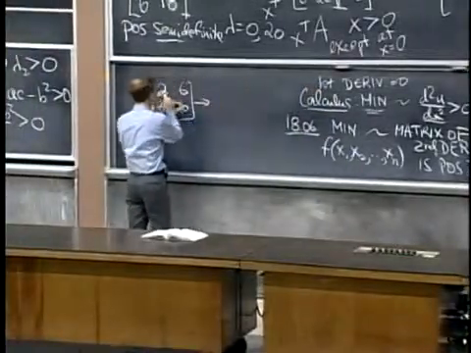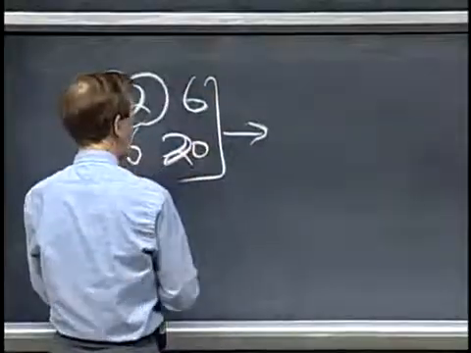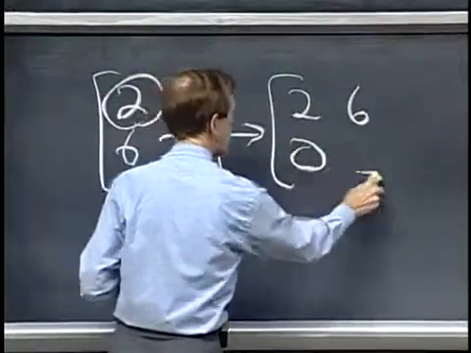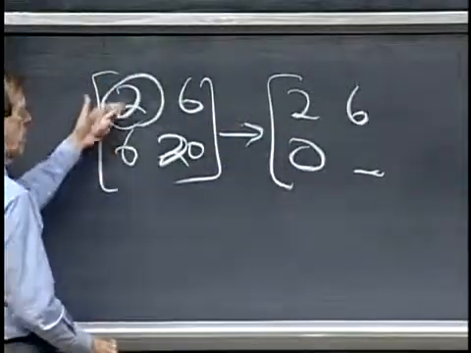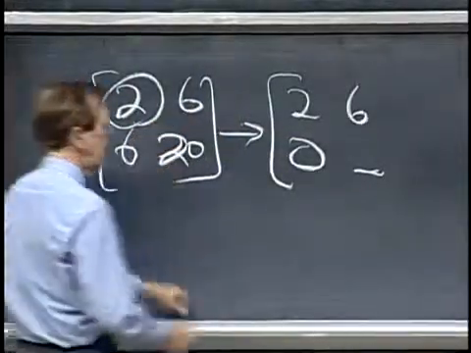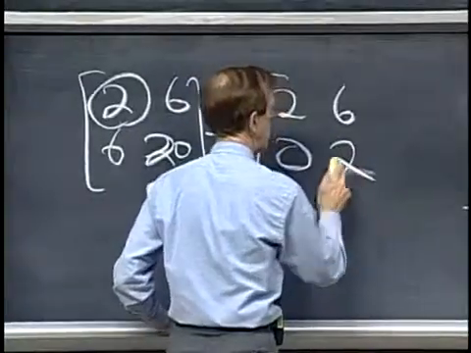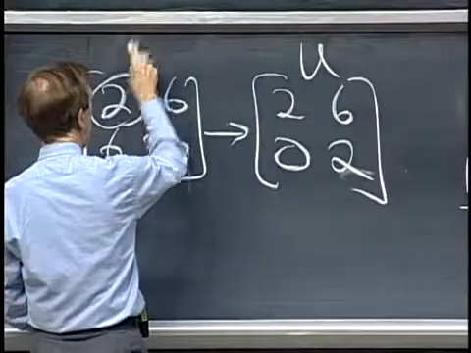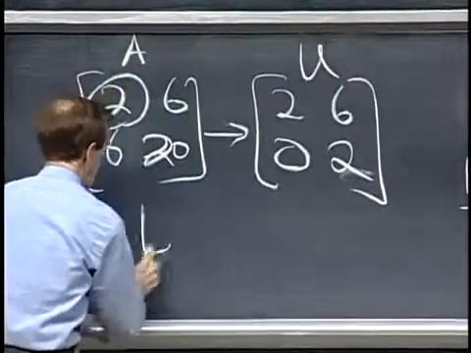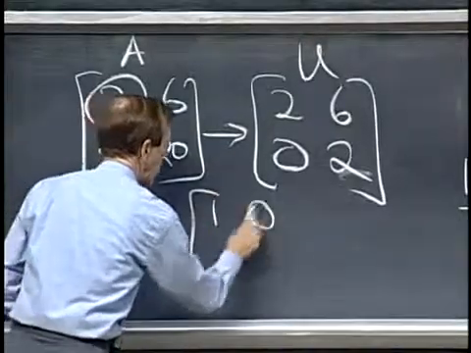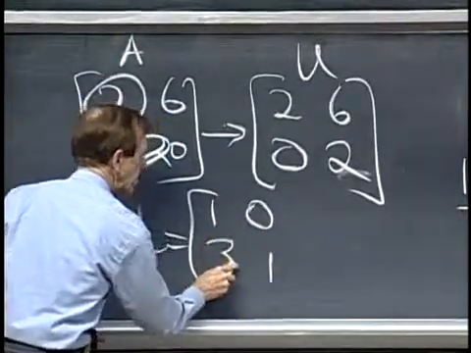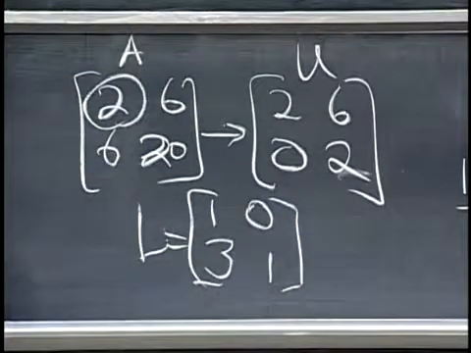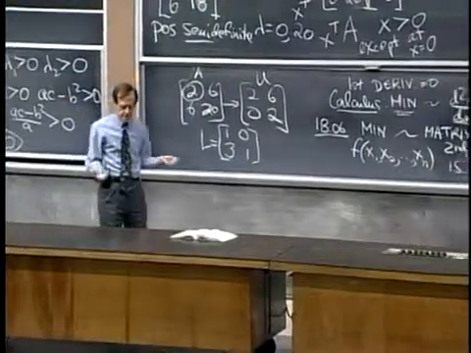The pivot is 2. 3 of those away from that gives me 2, 6, 0. And what's the second pivot? 3 of this away from this. 3 6s will be 18, and the second pivot will also be a 2. So that's the U. This is the A. And, of course, the L was 1, 0, 1, and the multiplier was 3. So completing the square is elimination.